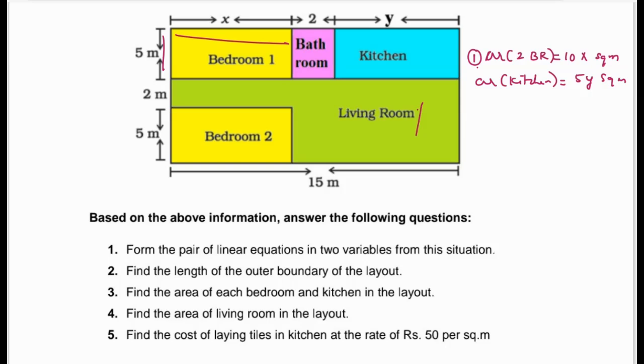That is bedroom is how much? Yeah, it is 15. Two bedrooms will be, each one will be 5 meters, so 5 into 2 will be 10 meters. So we have the equation 10x plus 5y will give us 95.